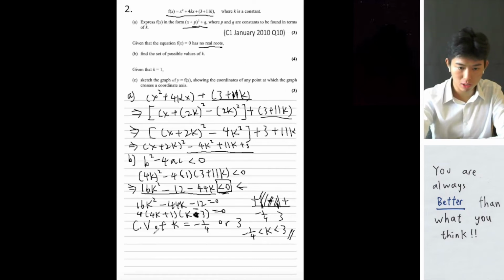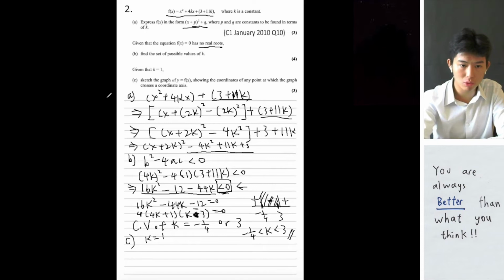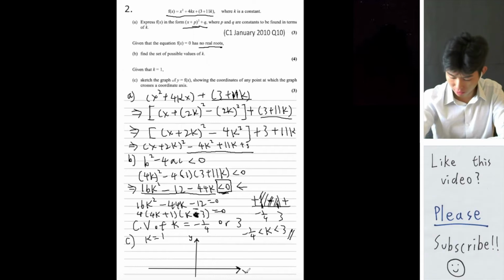And for part C, given that k equals 1, sketch a graph of y equals f of x, showing the coordinates of any point where the graph crosses the coordinate axes. So all we have to do is make a graph, y-axis, and this one will be the x-axis.